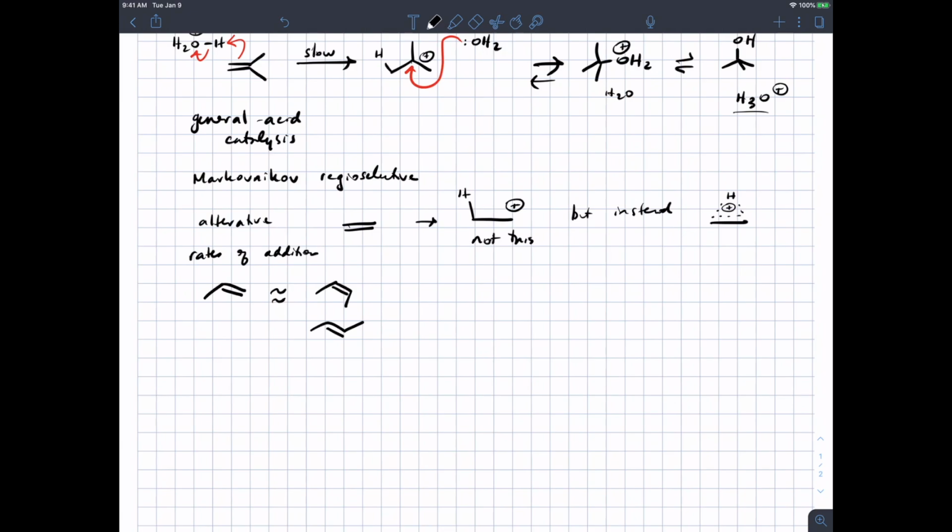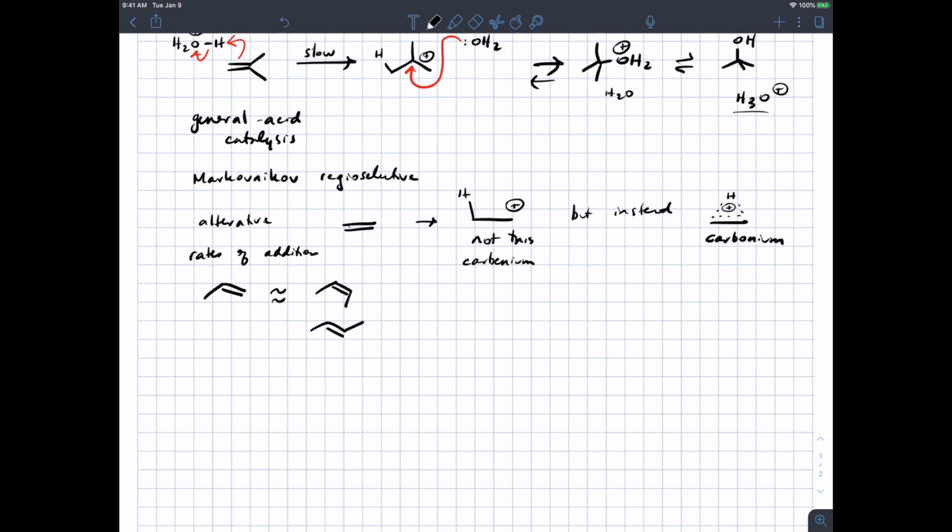Now, if there were a bridged carbonium ion, you would predict that addition of substituents on either side would stabilize the intermediate and enhance the rate of the reaction.